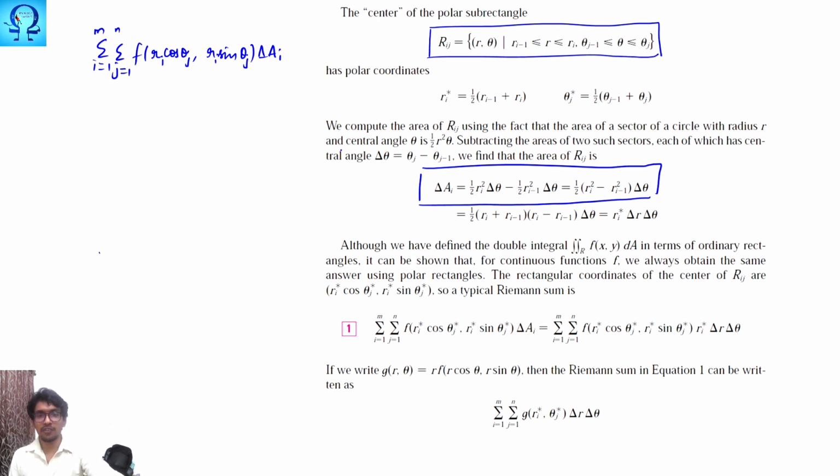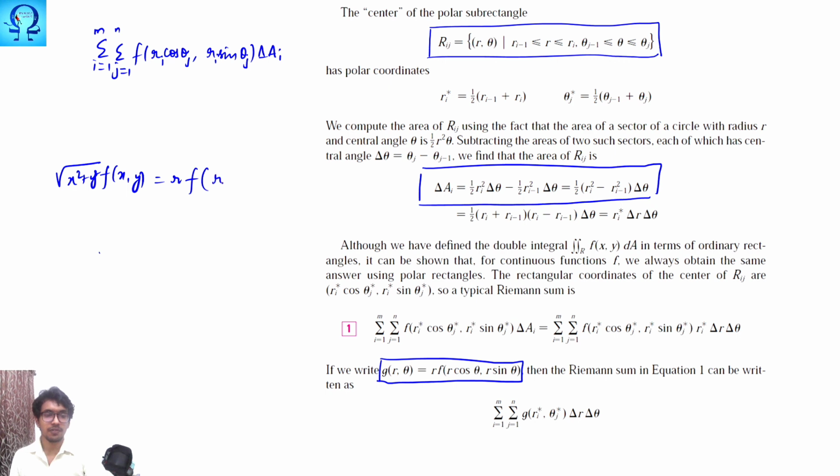So you have calculated what is delta Ai. We substitute that value, and finally we write this r multiplied with f of x, y. What is r? It is the square root of x square plus y square. We write this quantity as r times f of r cos theta, r sin theta, and define it as some function g of r comma theta.